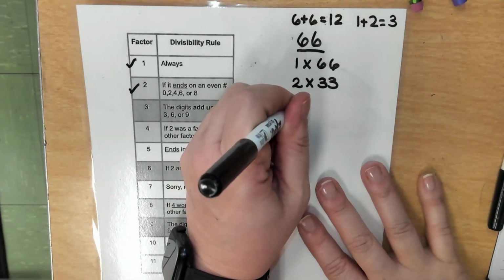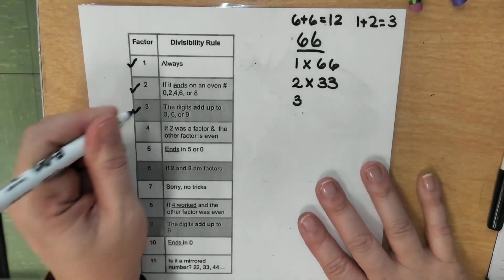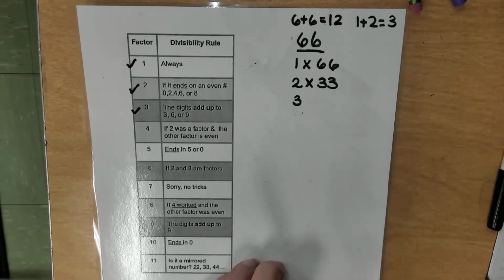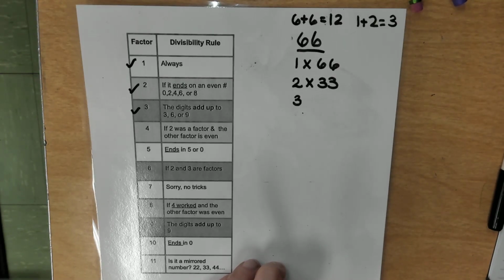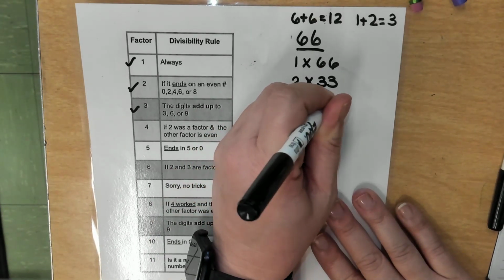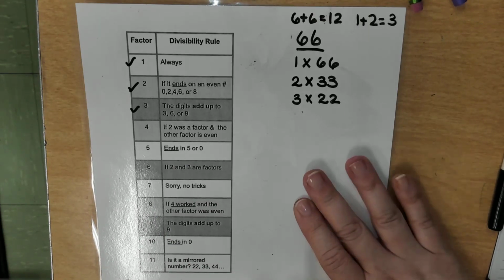So 3 is going to be a factor. Now, figuring out if it's a factor does not give me the other answer. I'd have to do long division to solve if I don't know myself. I happen to know 3 times 22 will give me 66.